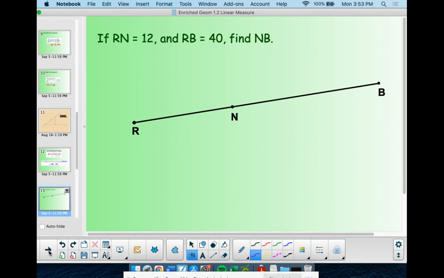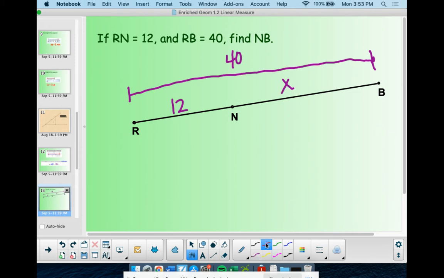And now I'm going to label. Say RN equals 12 and RB, all of my segment, is 40. We are looking for NB. So now I know that my whole segment RB is equal to RN plus NB. Now I'm going to plug in what I know. RB, they told us, equals 40.